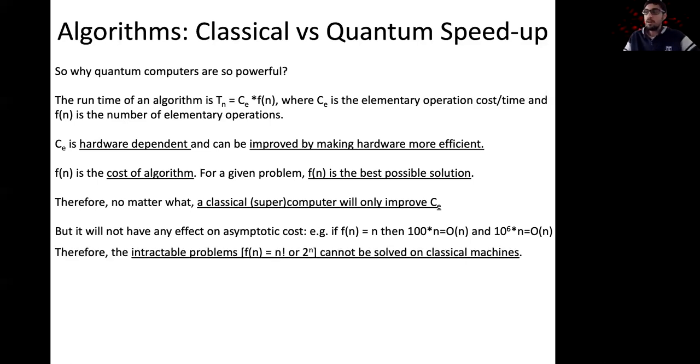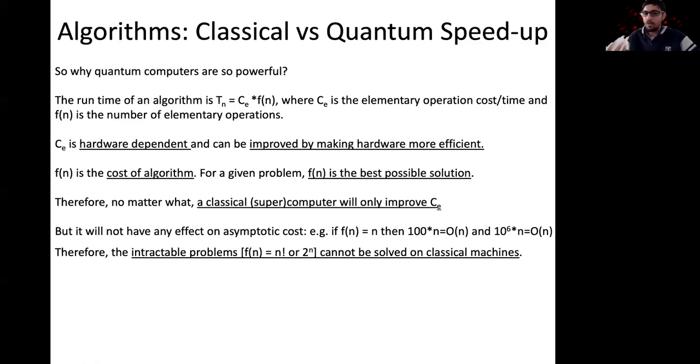Now imagine you have an intractable problem. An intractable problem means a problem which doesn't have an efficient solution, where the algorithm is n factorial or 2 power n, a type of exponential function. You cannot solve it on a classical machine because when n becomes very, very large, the cost becomes so much that your classical computer can't handle it.